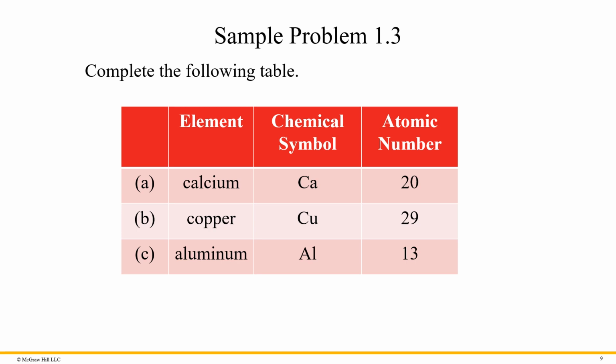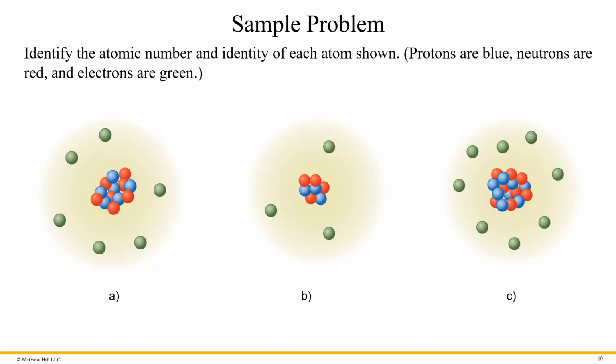Now here is a sample problem for you to try. Identify the atomic number and the identity of each atom shown, of course using the periodic table. Protons are blue, neutrons are red, and electrons are green.